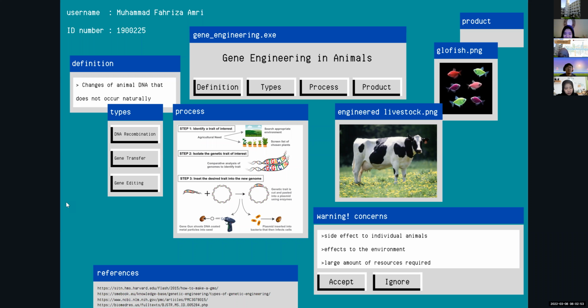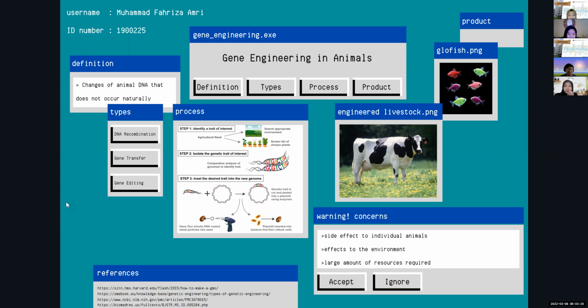And then you also have the last one, which is gene editing. This one's a bit different because you do it as the animal undergoes the embryo stage. So what you do is you take, let's say, the egg cells and the sperm cells, and you take out their chromosomes.